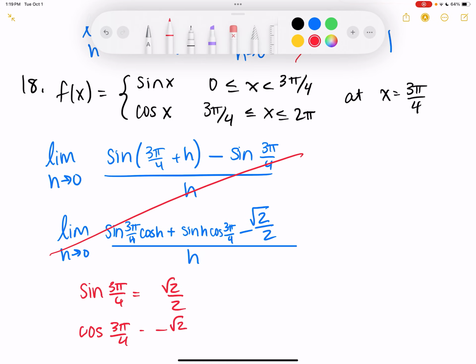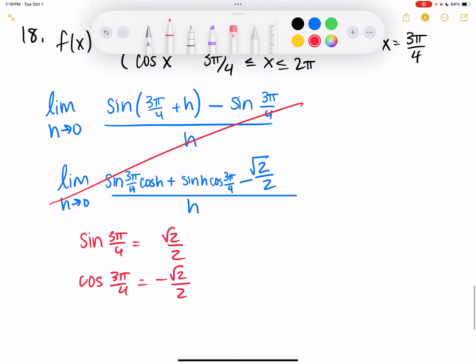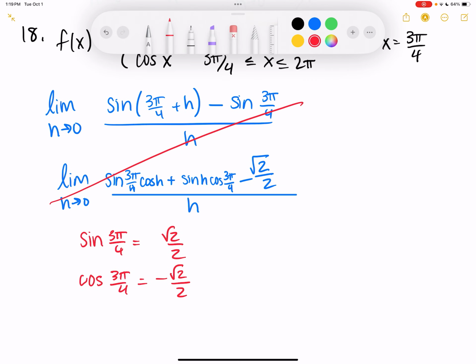These aren't the same, so it's discontinuous because the left-hand limit and the right-hand limit aren't the same. If it was pi over 4 or 5 pi over 4, then it would be good, since those are the only two where they're the same. Probably.